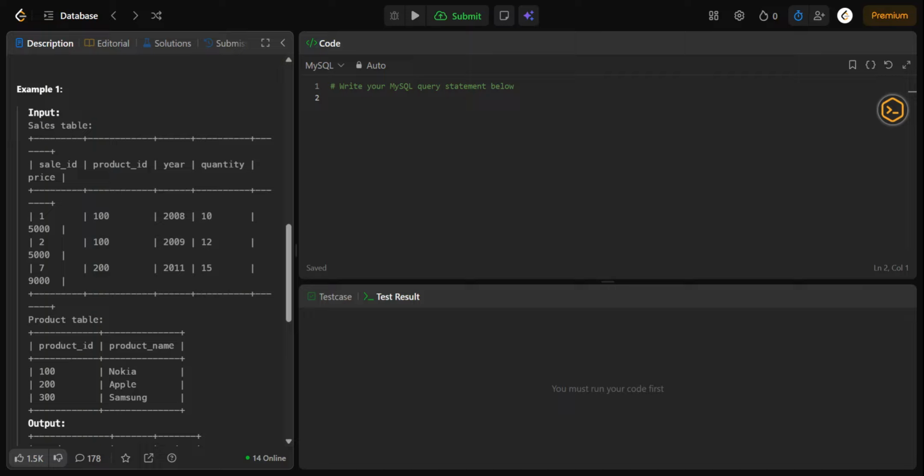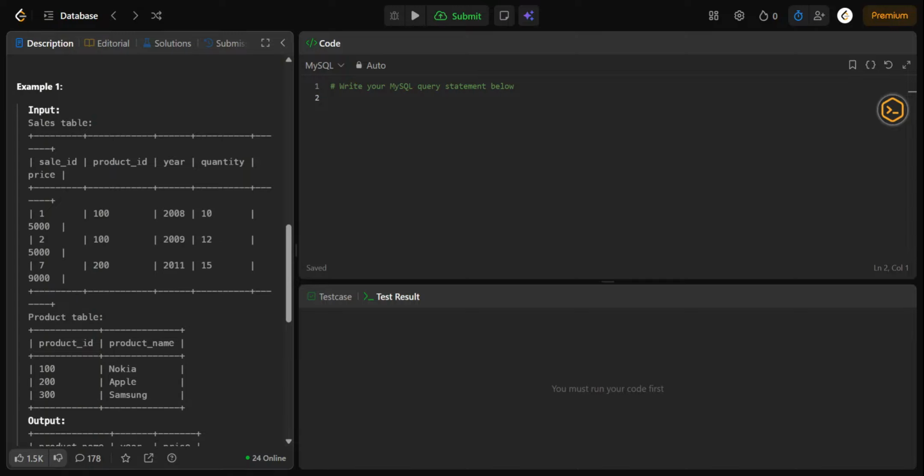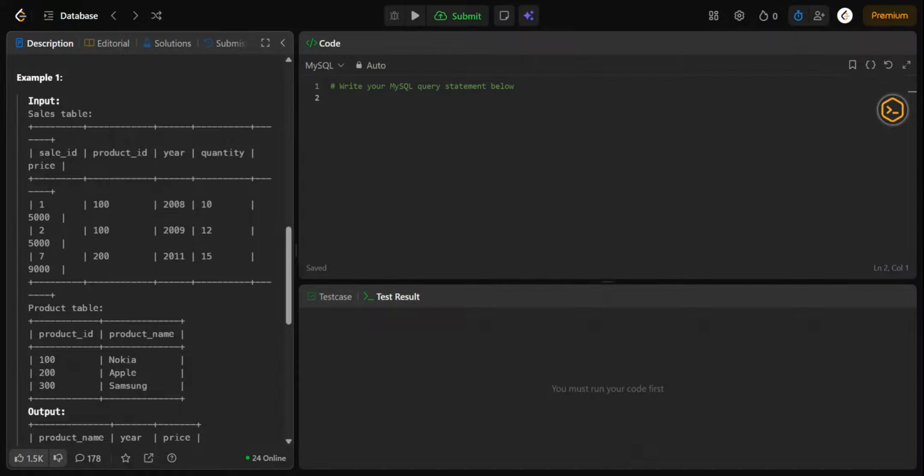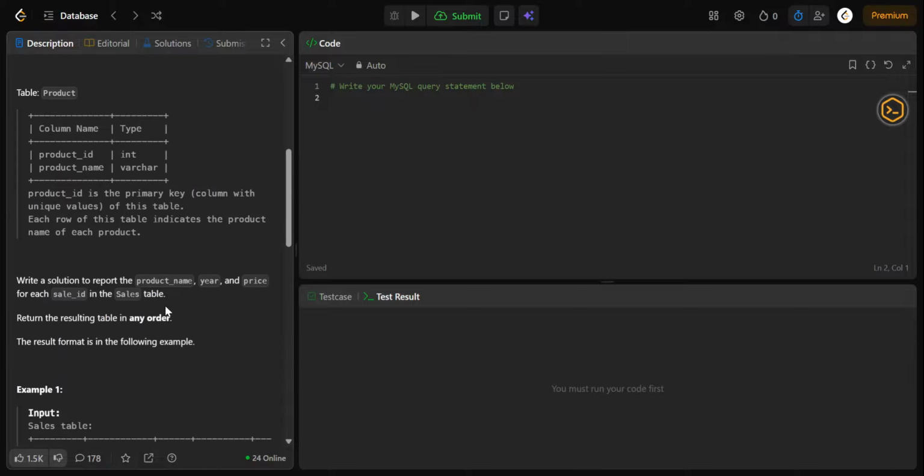No product name, only product ID. The product table contains both product ID and product name. Since both tables share the same product ID, we can simply connect them using an inner join. Once they are connected, selecting the required columns becomes very easy.